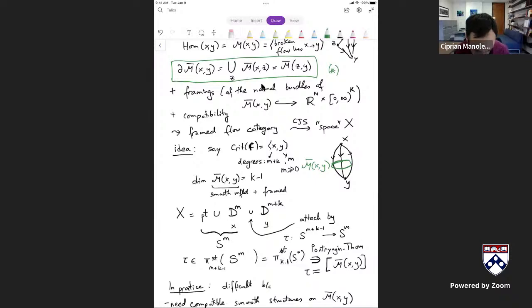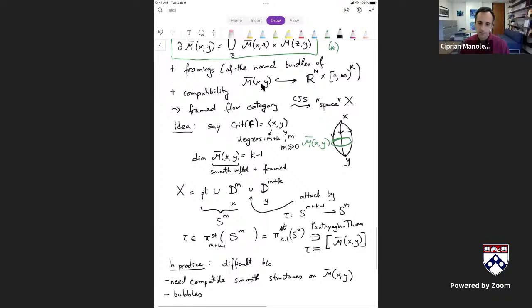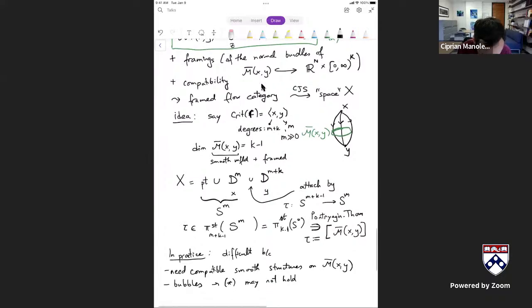So sometimes the spaces of flow lines don't converge. If you have a sequence, it doesn't converge to a broken flow line, it may bubble off. This happens in symplectic geometry and in Yang-Mills theory. And then, well, yes, star may not hold. That's a problem. And finally, framings may not exist. I didn't say where they come from. They have to come from your geometric situations, and sometimes they exist and sometimes they don't exist.